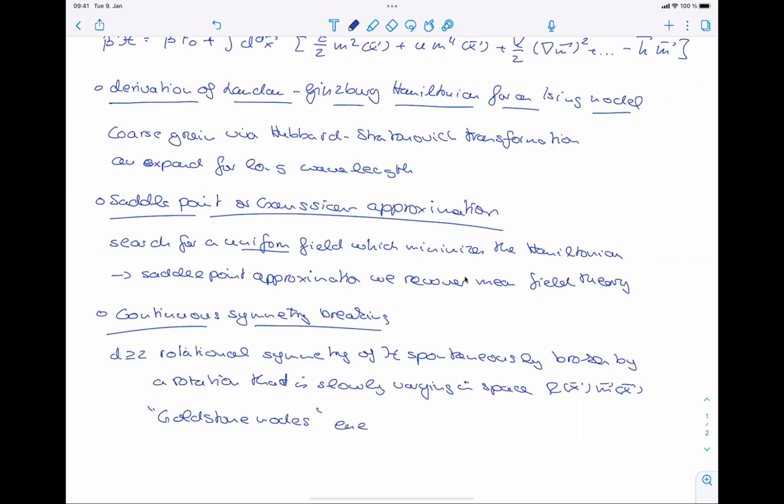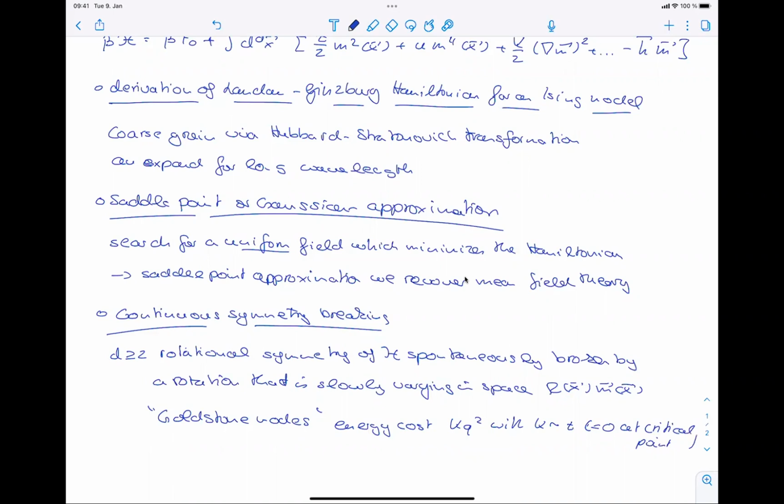And their energy cost is k q squared, with k proportional to t. So, t being the reduced temperature, the cost is 0 at the critical point. So it's a very low cost.